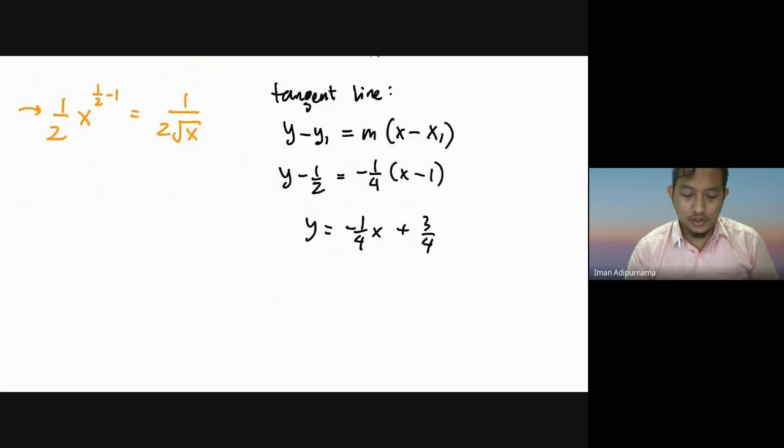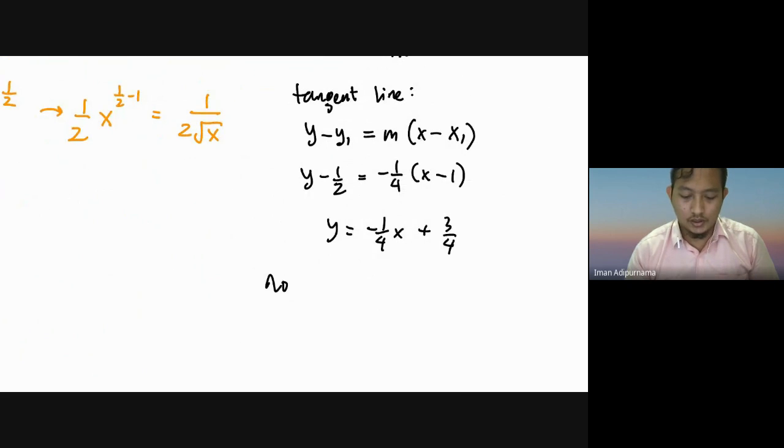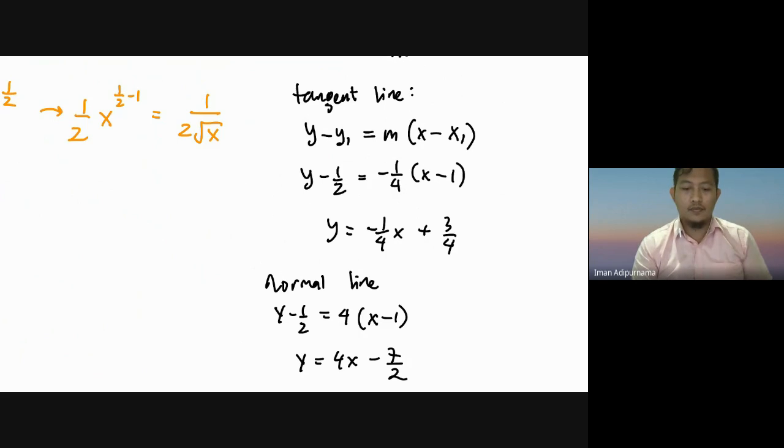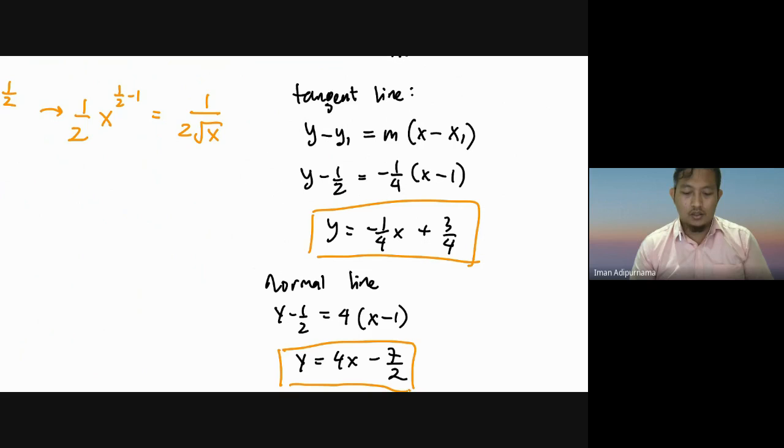And also the normal line, we have the normal line, same thing with a different gradient. So this will be our tangent line and this will be our normal line.